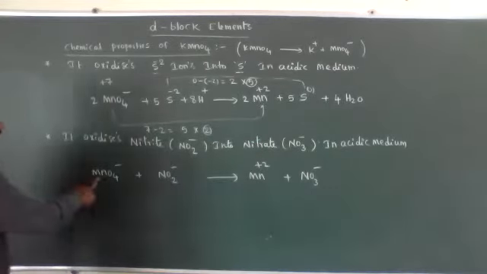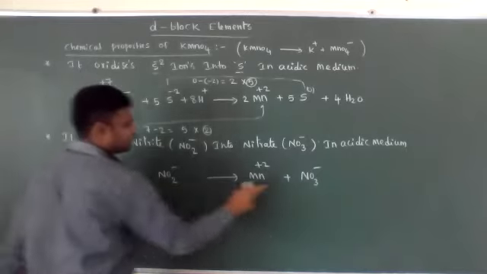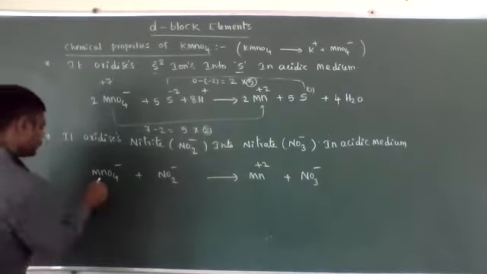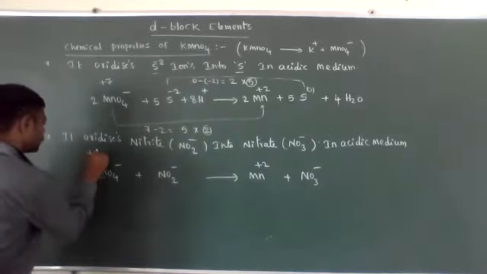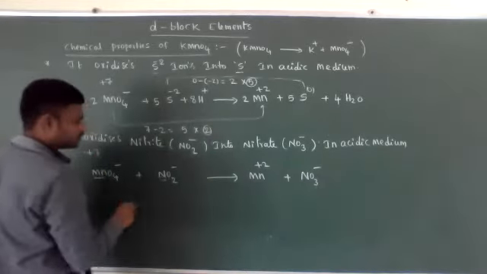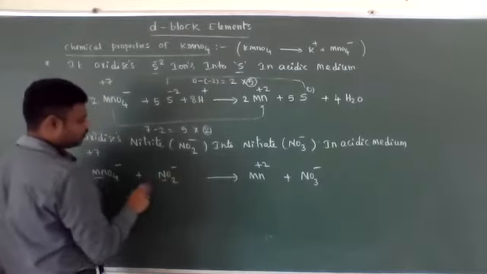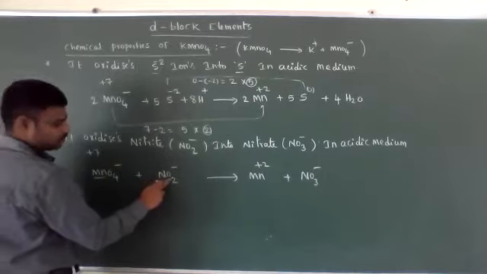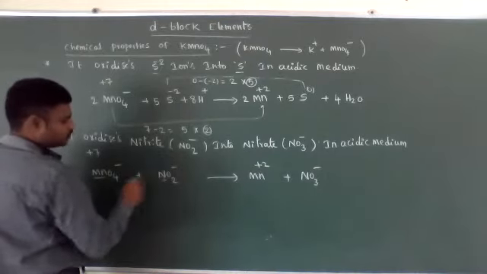Now manganese and manganese, nitrogen and nitrogen are present. Now we just need to check oxidation states. What is the oxidation state? Plus 7. Now nitrogen oxidation state in NO2 minus: let it be x, x minus 4 is equal to minus 1, so it is plus 3.